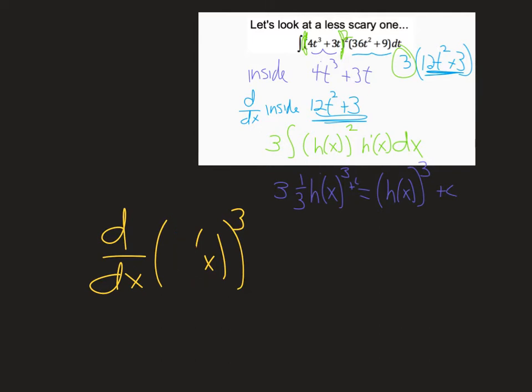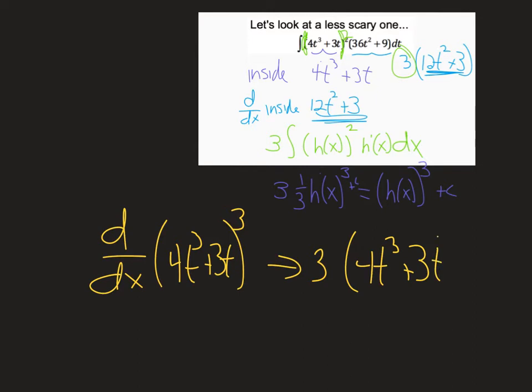And let's say the derivative of h was 4t cubed plus 3t. So the derivative of that is 4t cubed plus 3t squared times the derivative of the inside, which is 12t squared plus 3. And that's what we have here.